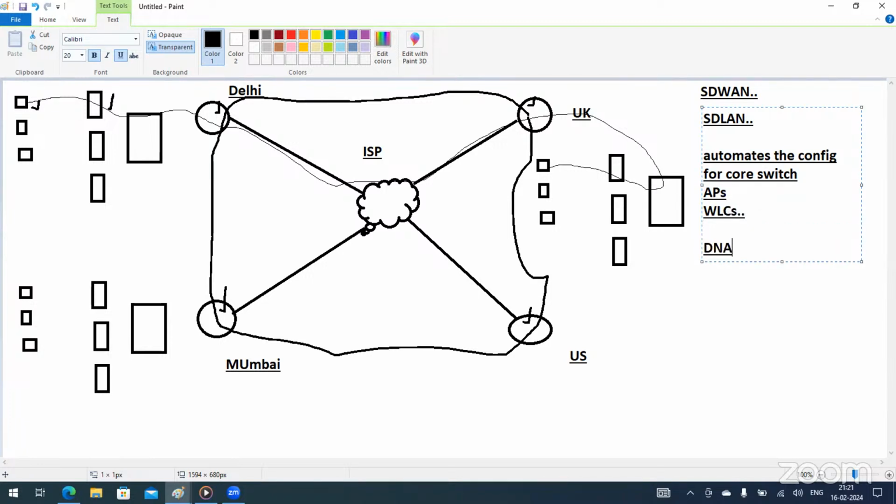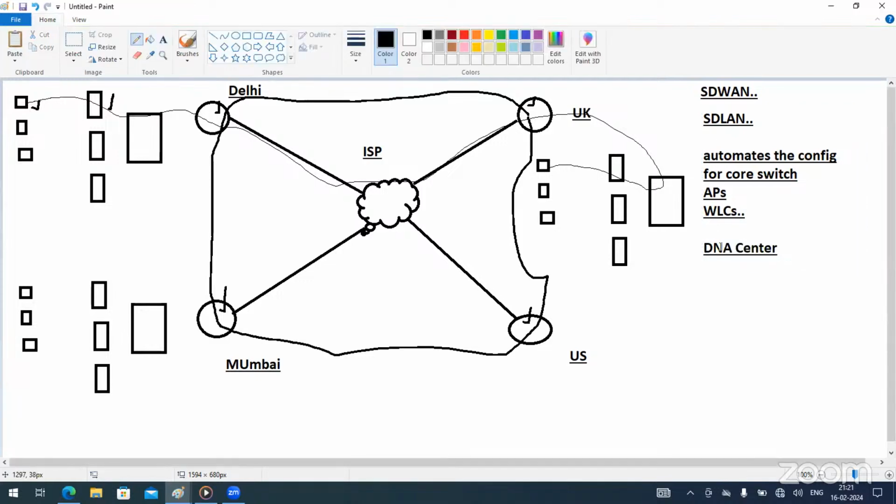SD-WAN is across the WAN side of the network. SD-LAN is across the LAN side of the network. So just like SD-WAN, SD-LAN also has a broader scope, right? But we will be covering SD-WAN only throughout this course.